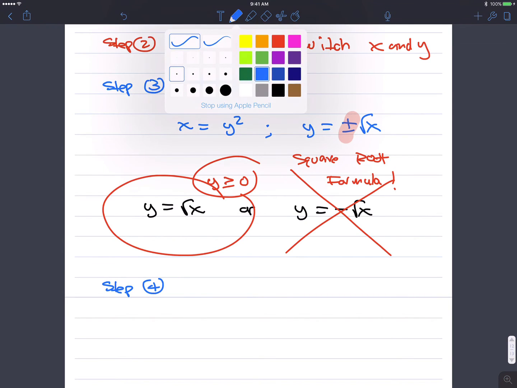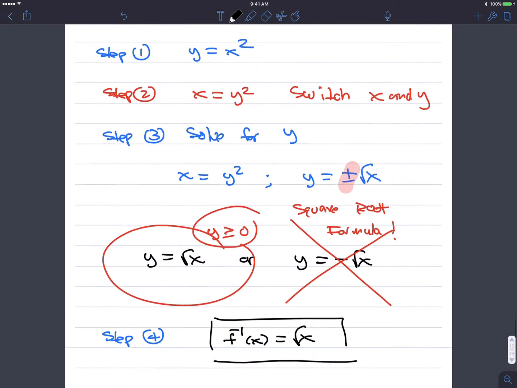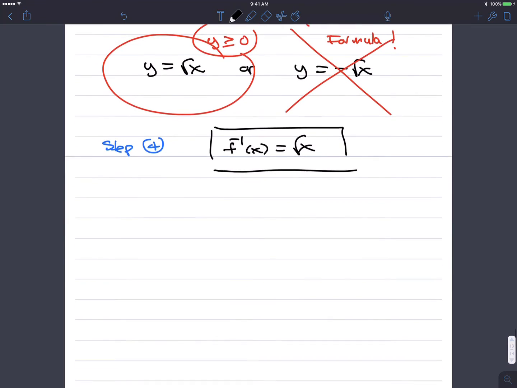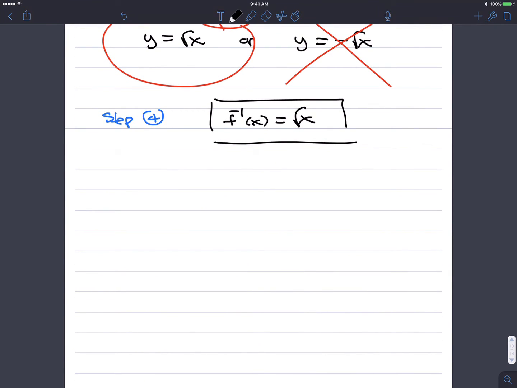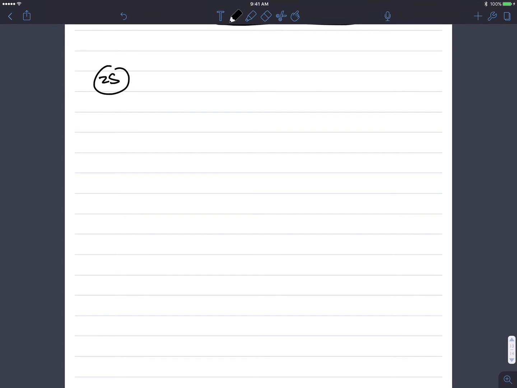We get to give our answer now. The inverse function is square root of x. You're going to let that y be replaced with your inverse function notation. So what you guys are doing is you're finding inverse functions by using this format for functions that are 1 to 1. And so that leaves us up to what number now? 23. So I guess we're now at, let's take a look at 25. See what this function is.